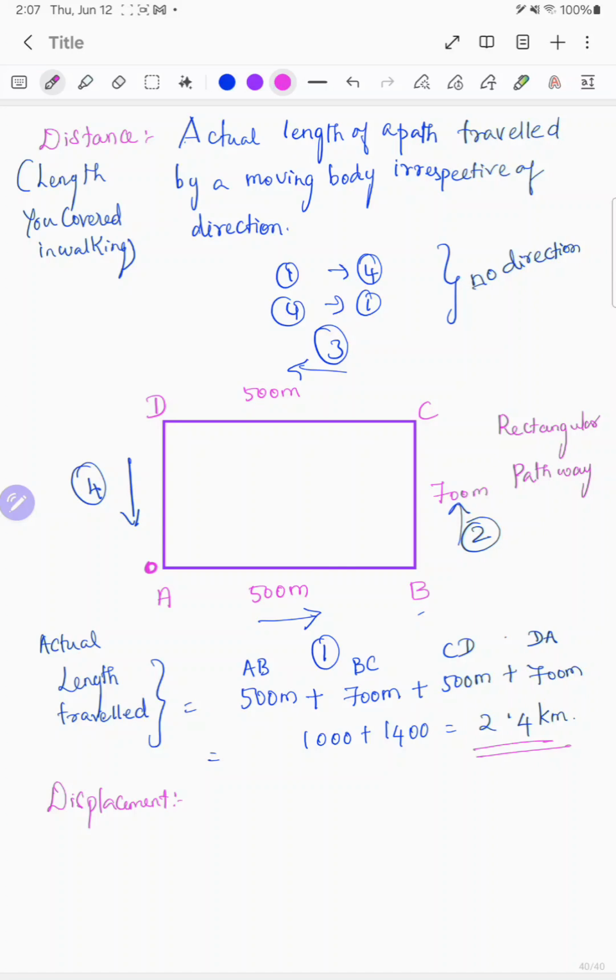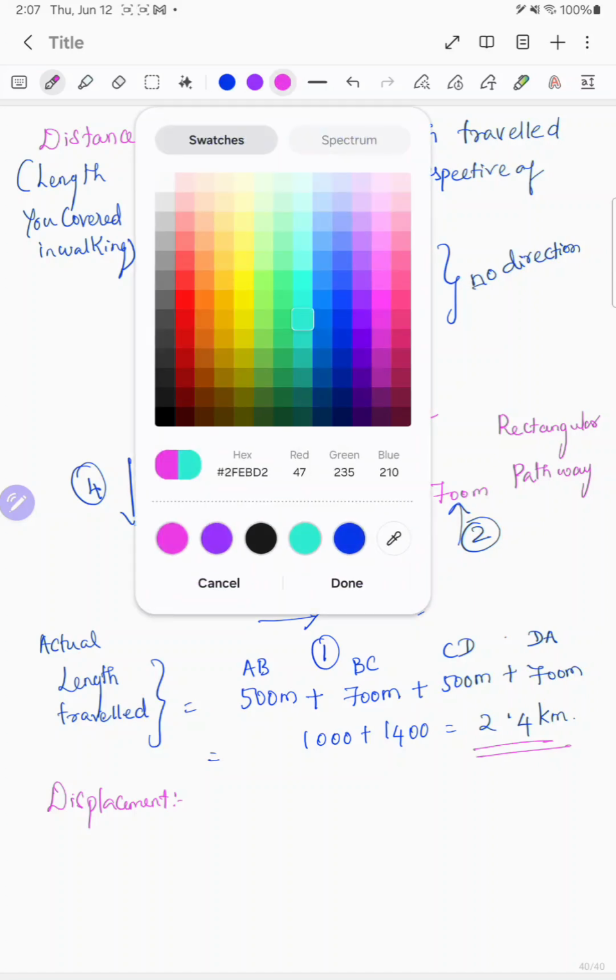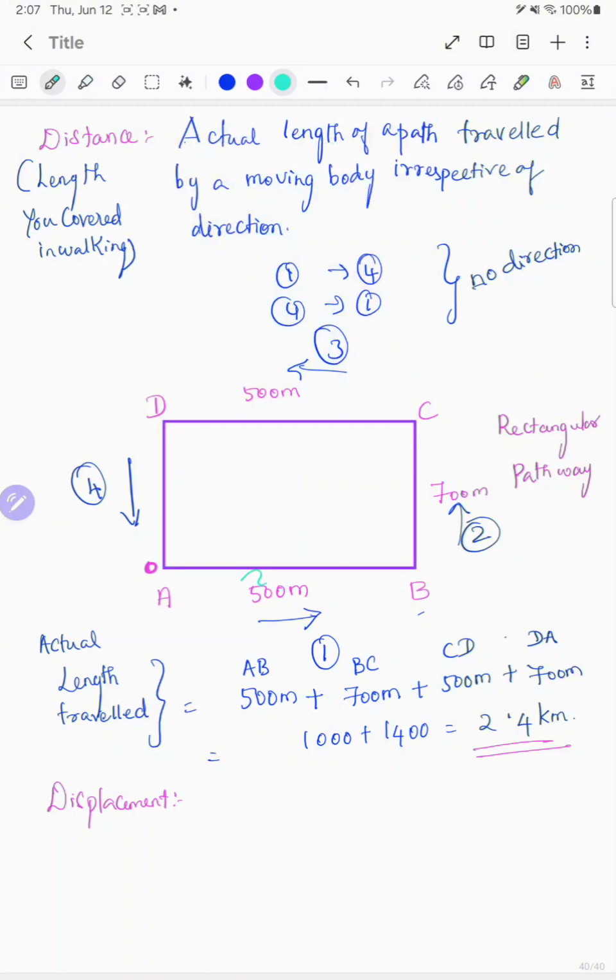You are starting from position A, traveling from A to B, then B to C, again from C to D, and finally when you come back to A, your displacement is 0, right? Your starting point and ending point are both the same. So you have not moved at all according to the definition, so your displacement is 0.